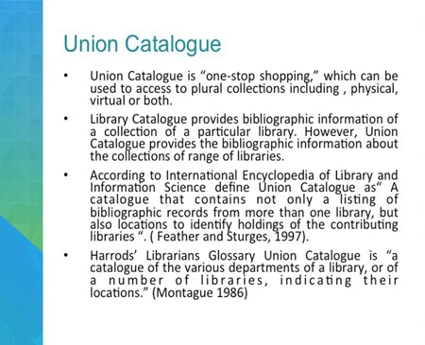According to the International Encyclopedia of Library and Information Science, a Union Catalogue contains not only a listing of bibliographic records from more than one library, but also locations to identify holdings of the contributing libraries. In addition to this, the Harvard Librarian's Glossary defines Union Catalogue as a catalogue of various departments of a library or of a number of libraries indicating their locations. So, I am sure now you have understood what the Union Catalogue is all about.